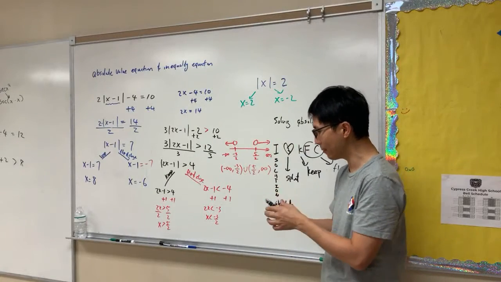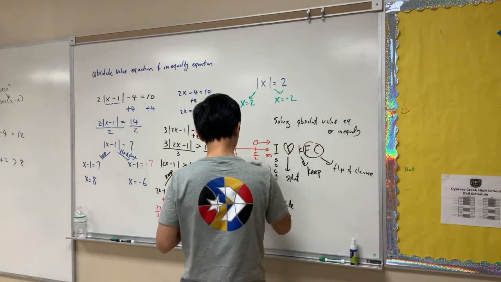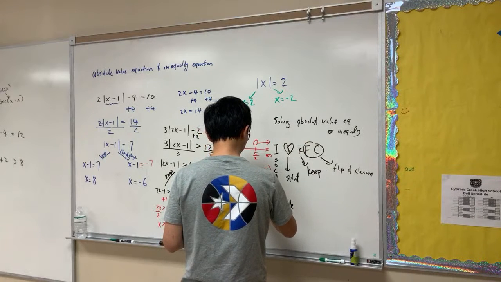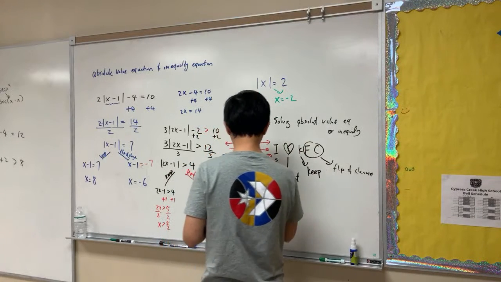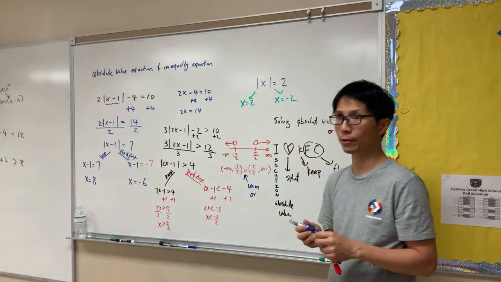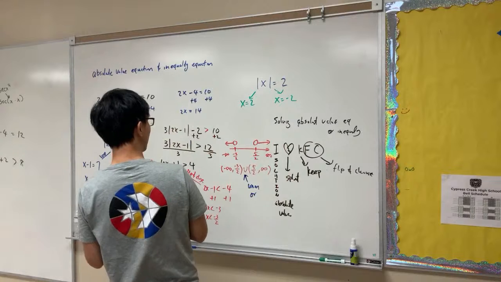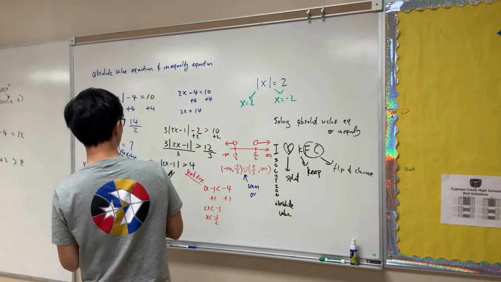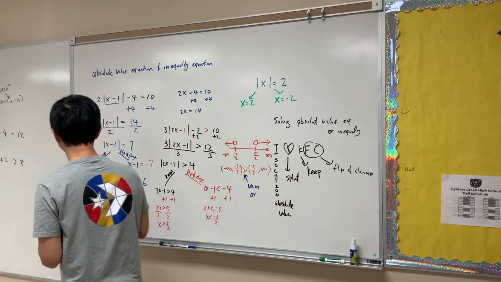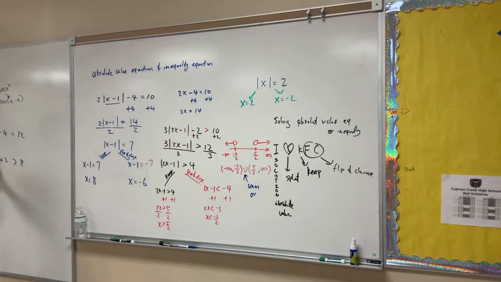That's called union. This is union. That means or. This interval or this interval is all solutions. So you're going to try those 2 questions here. Try the first one and try the second one. Make sure you get the right answer. And make sure you can graph it.